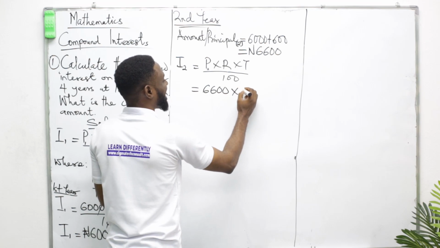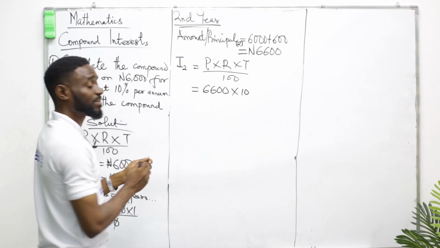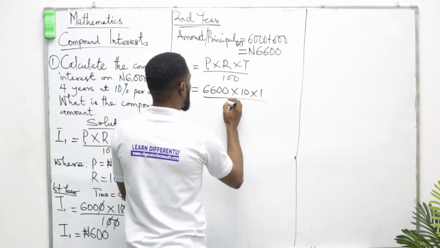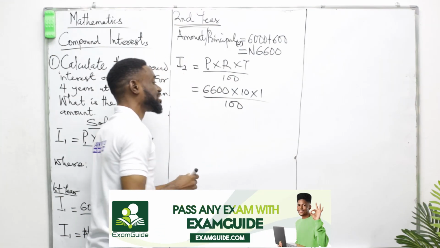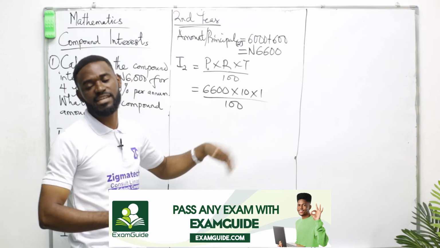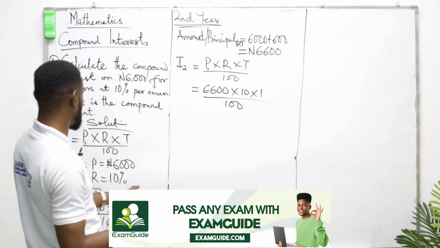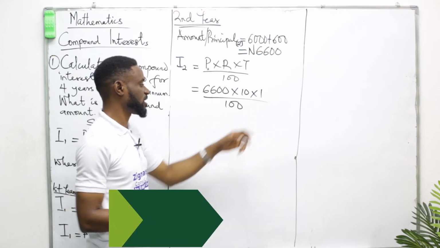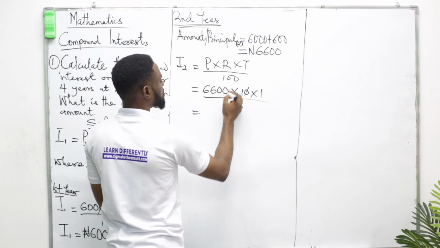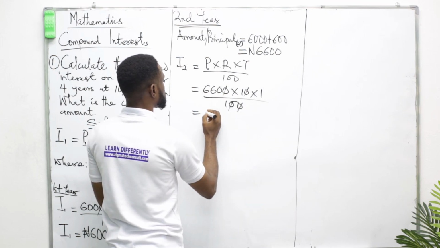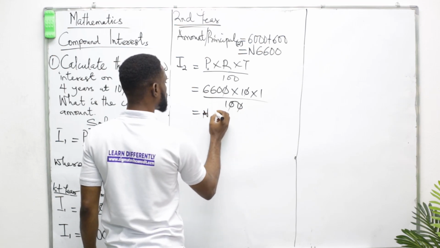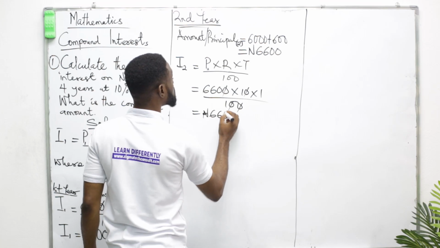It will be multiplied by 10. Remember, 10 is constant, 10%, times 1 all over 100, okay? Remember I said you can do away with the time, but I'm putting it here because 1 times anything is still that thing. So this is the first year, second year, and all that. All right, so let's see what this will be now. This cancels this, this cancels this. It means that the interest is equal to 660 naira.